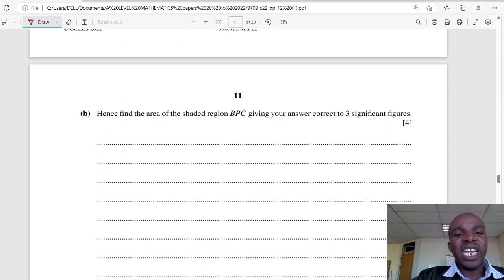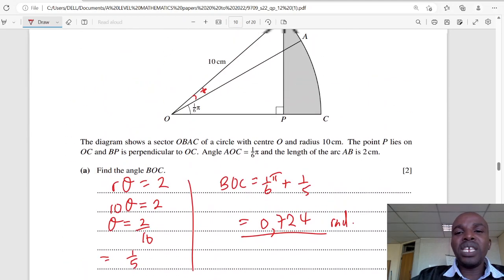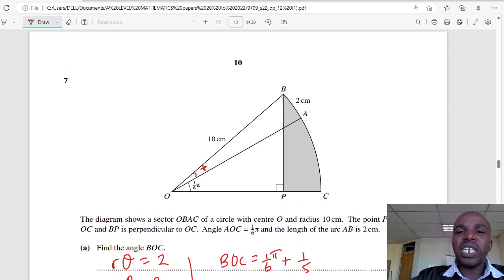Then hence find the area of the shaded region BPC, giving your answer correct to 3 significant figures. Right, for the area of this part, you say area of the sector OBC minus area of triangle OBP.